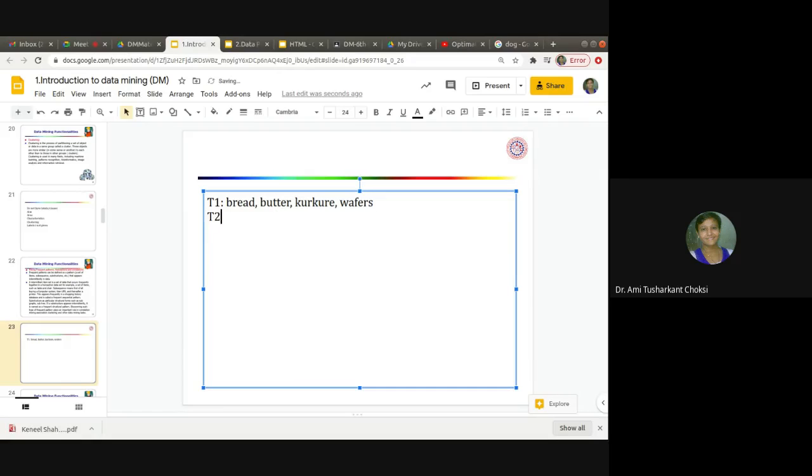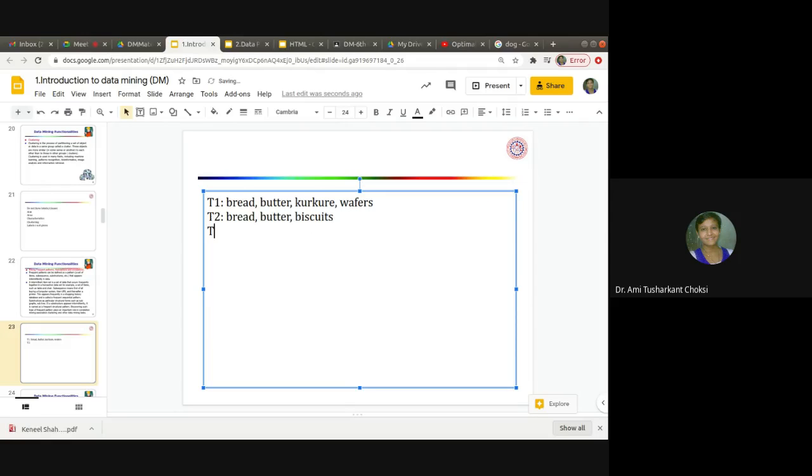Another person, say from your class, in T2, has purchased bread, butter, and you can say biscuits, right?